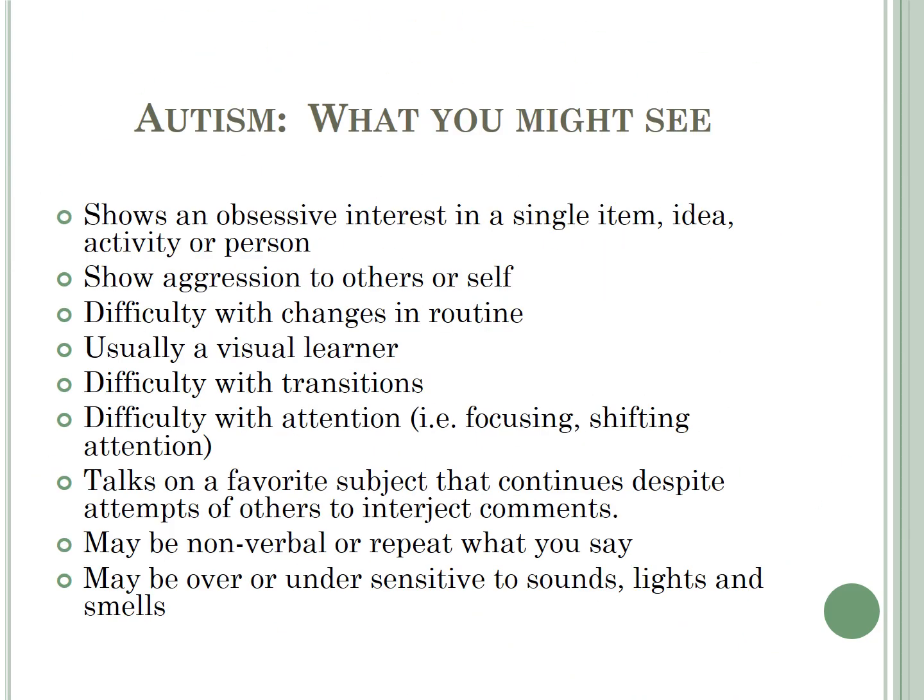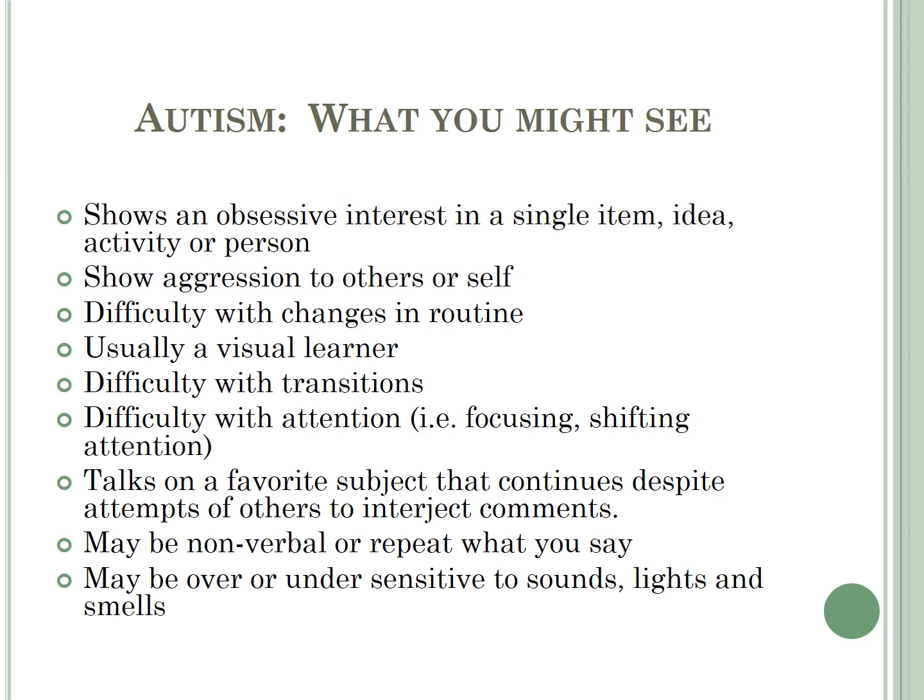In what you might see with autism, the person may show an obsessive interest in a single item, idea, activity, or person. They might show aggression to others or themselves, and a behavior that we often see is headbanging. They will likely have difficulty with changes in their routine. They'll probably learn better with visual aids.